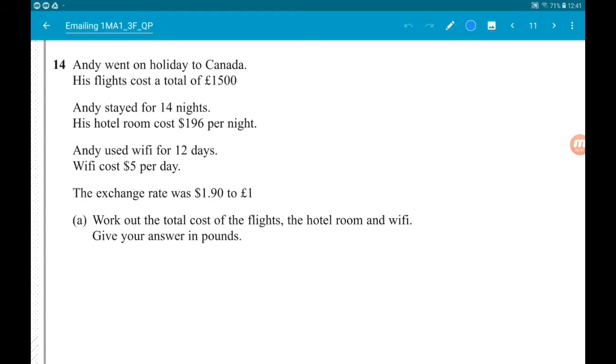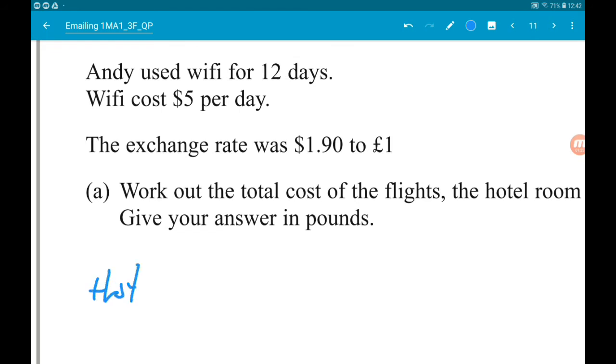Okay, so what we need to do is find the total cost of the hotel and the Wi-Fi in dollars first of all, then turn that into pounds and add it onto the cost of the flights. So the hotel room was $196 times 14. Okay, so I'm not going to try and do that in my head. That's going to give us 2,744.